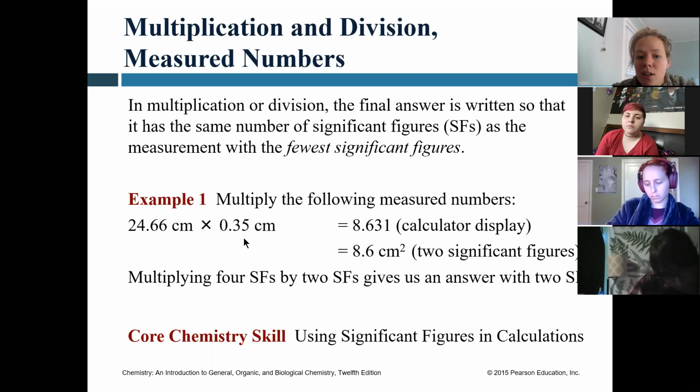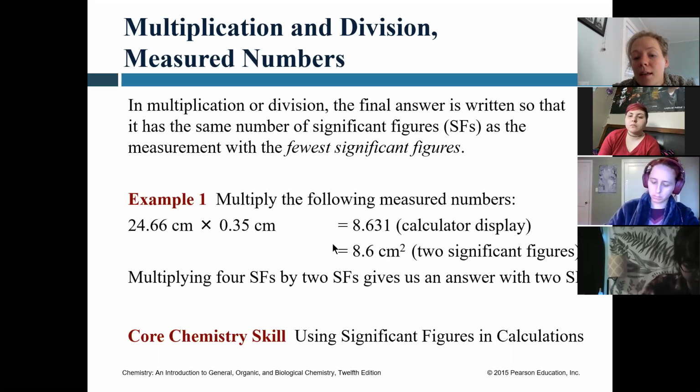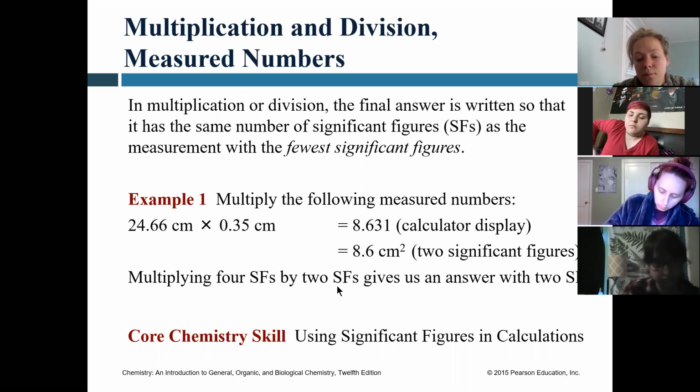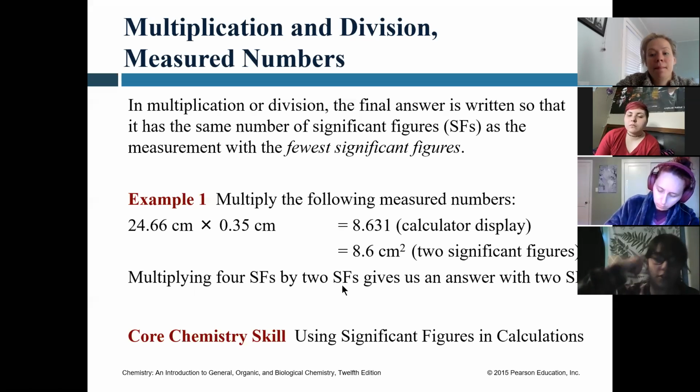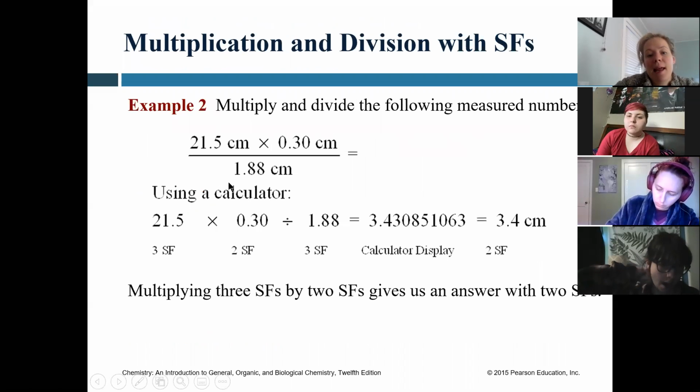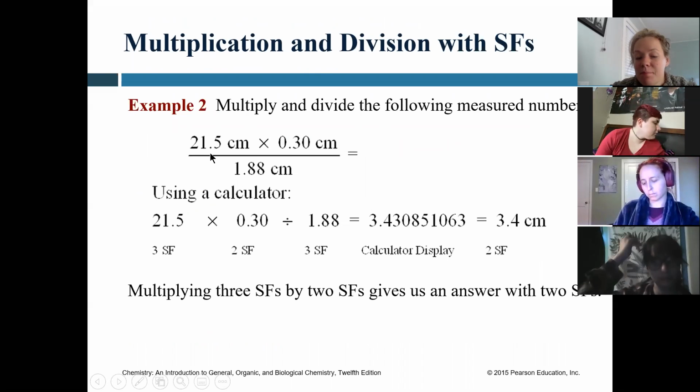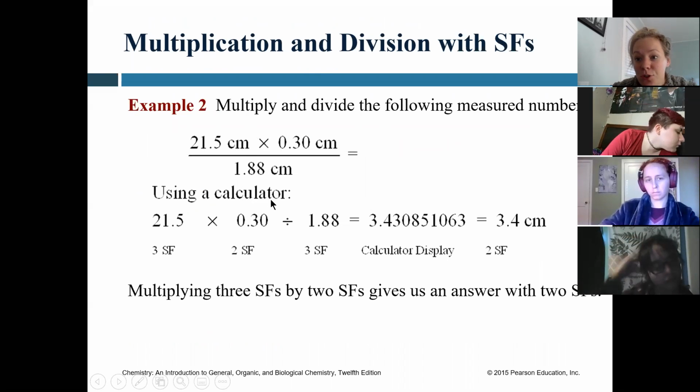Good piece of information, not so good piece of information. So my final answer can only be as precise as my weakest piece of information. So I would have to then round my calculator answer into a number with 2 significant figures. That happens no matter how many multiplies and divides you string together.